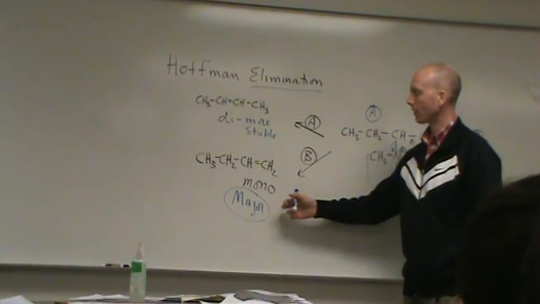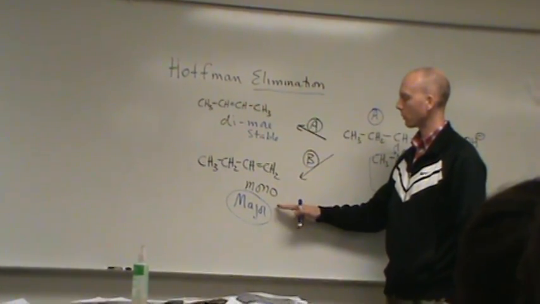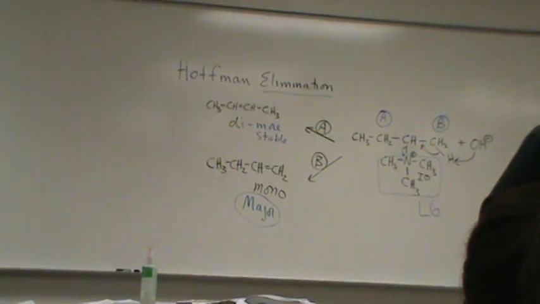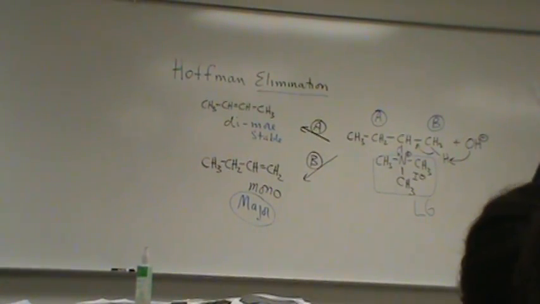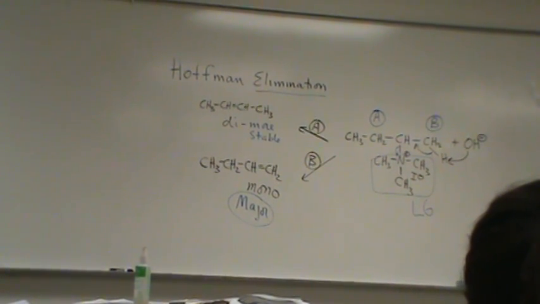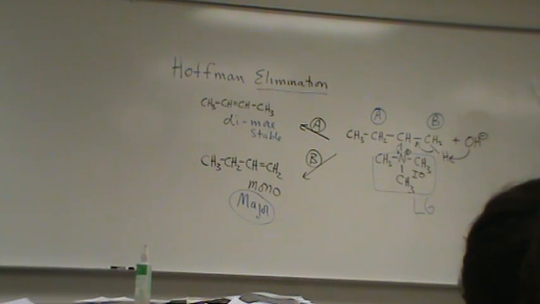Why would that be? Why is it going against stability, where this is less stable, but yet it's the major product? Any ideas? You have to come back and look on this side over here. Does that help?